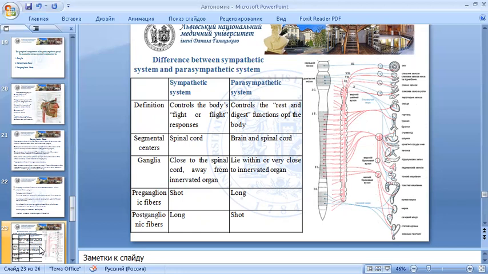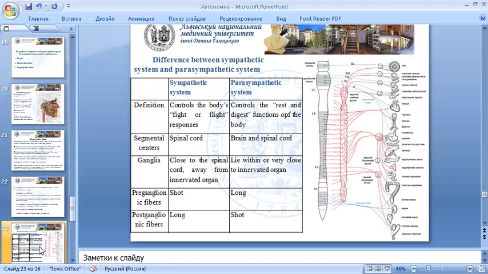Ganglia of the sympathetic nervous system are close to the spinal cord and away from the innervated organ. Parasympathetic ganglia lie within or very close to the innervated organ. Preganglionic fibers of the sympathetic system are short, but for the parasympathetic they are long. It is opposite for postganglionic fibers: long for the sympathetic system and short for the parasympathetic.